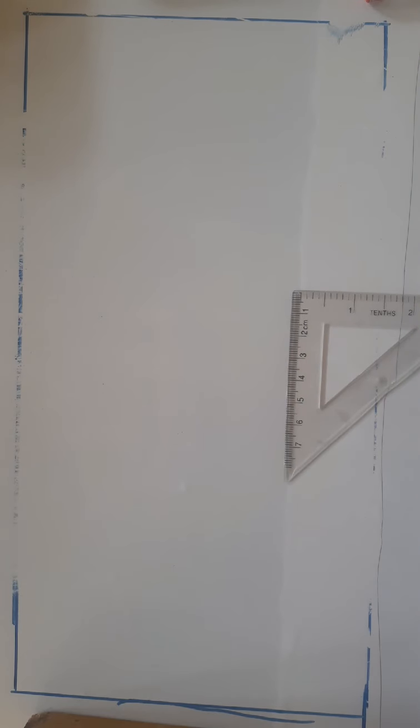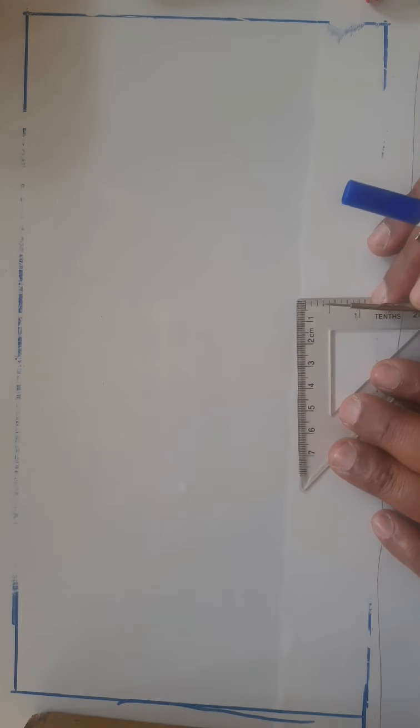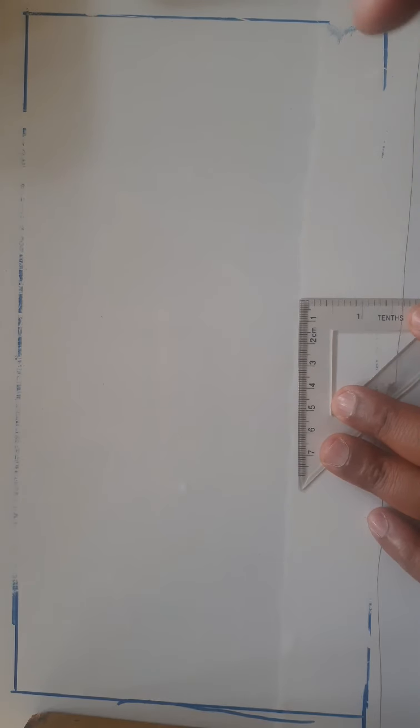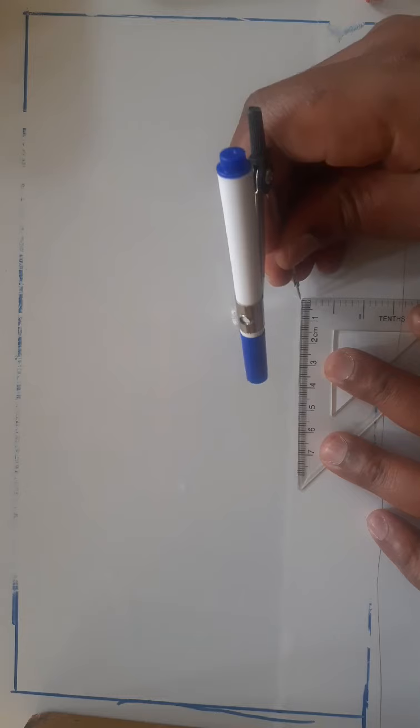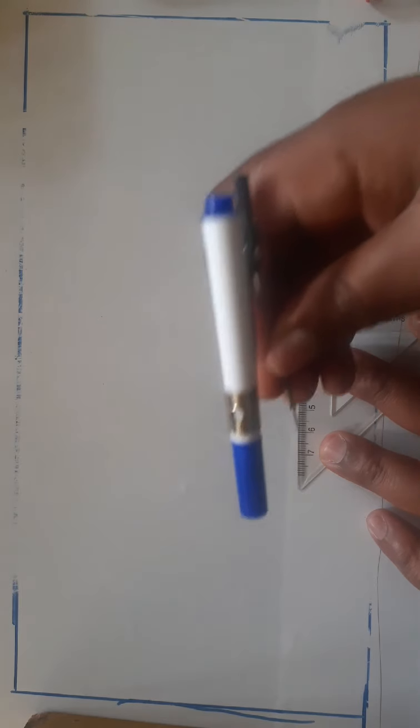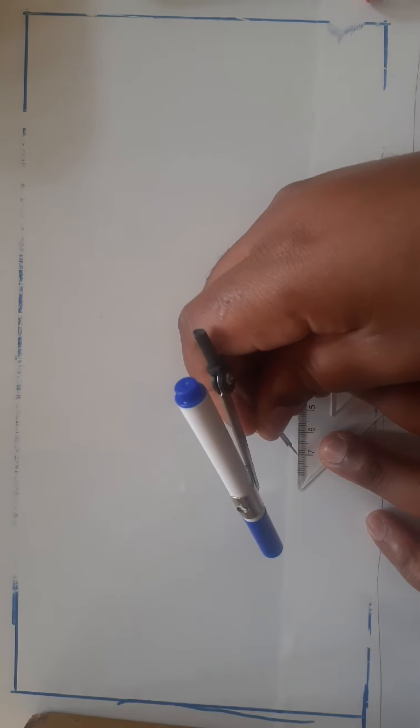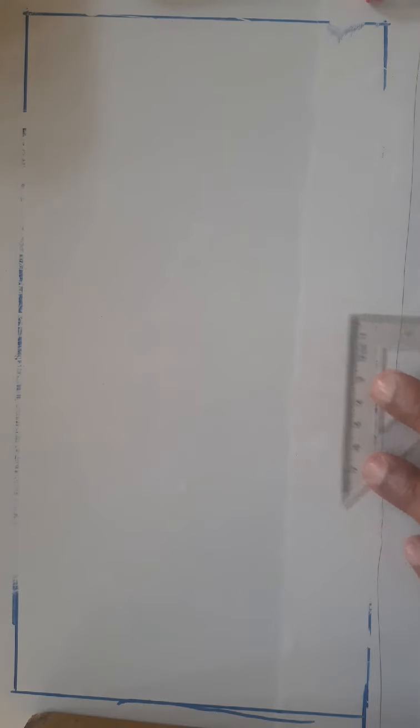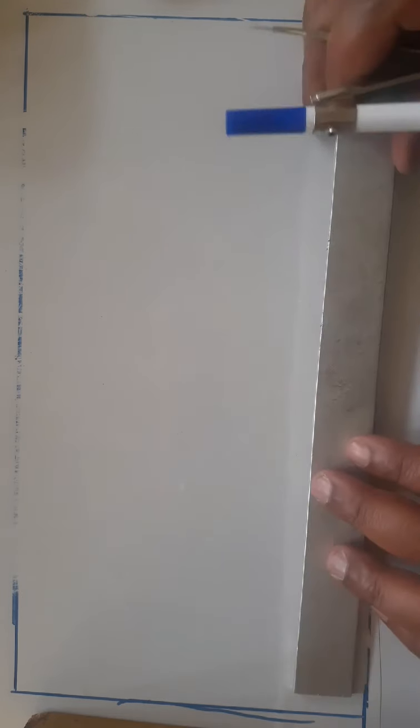It is from here to here. That's a 7. Then I can get my ruler and join, or you measure direct. That's my 7. I hope you're able to see what is happening.